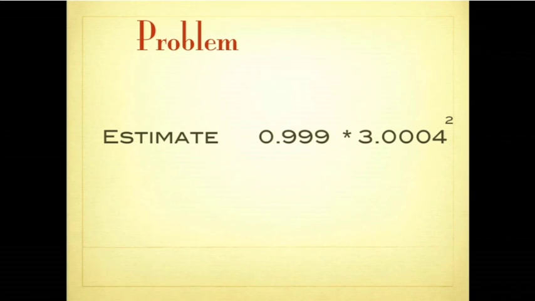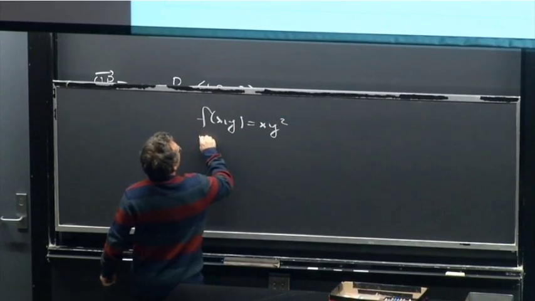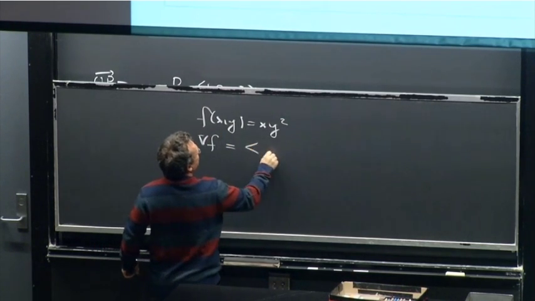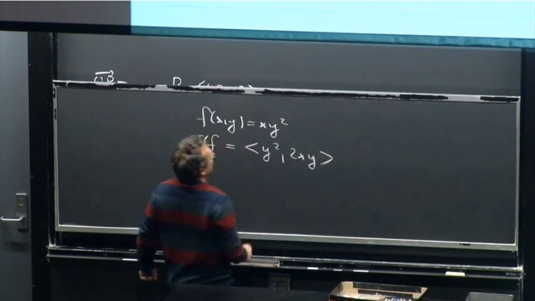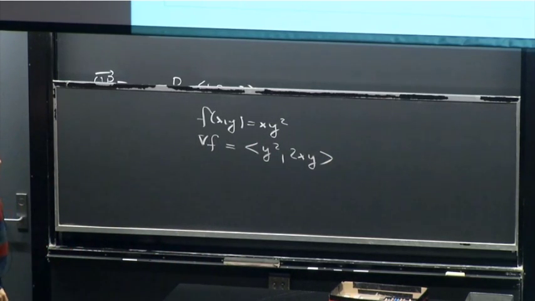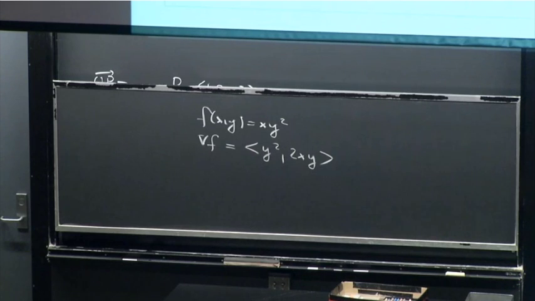So what we have is a function, and we can compute the gradient of this function. f(x,y) is equal to x y squared, and then the gradient of f is equal to (y squared, 2xy). And so this is the gradient, and the point we have here is also visible.